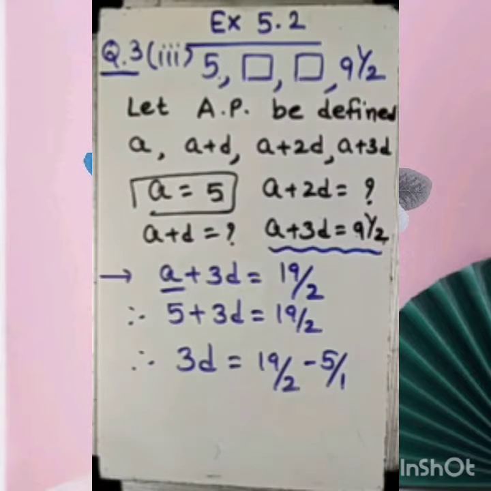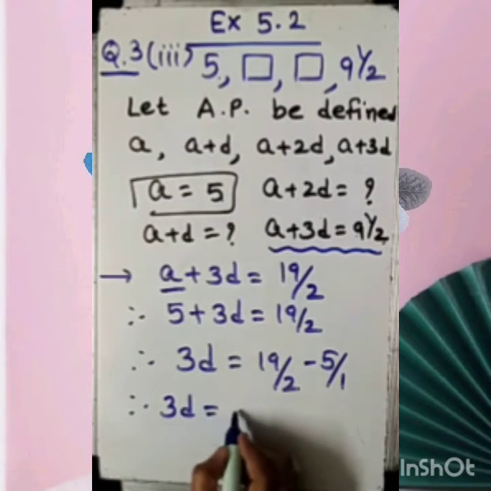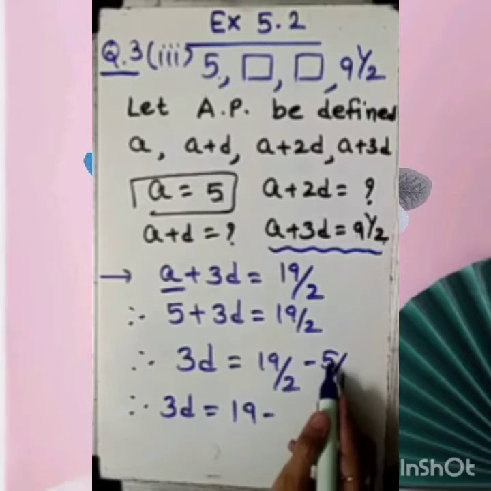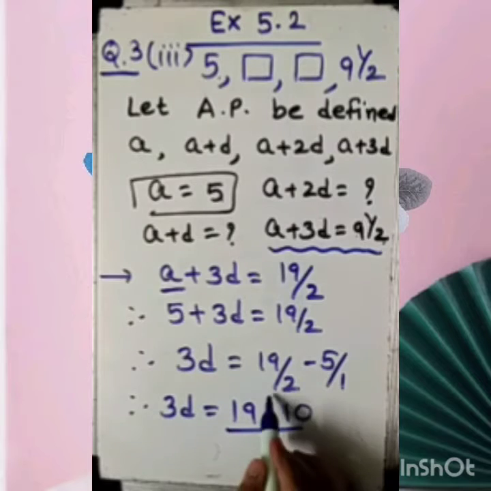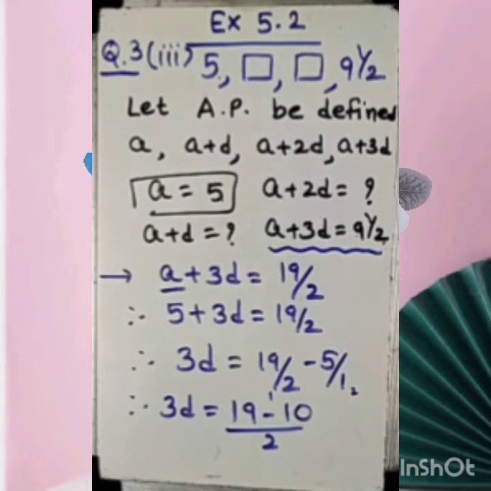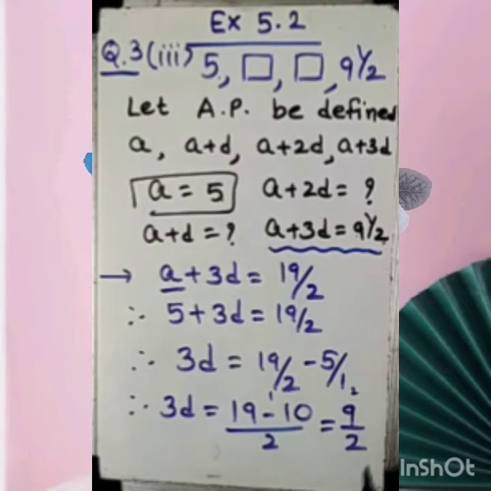Minus 5 by nothing means 1 is here. Therefore, 3D equals 19 minus 5 times 2 over an LCM of 2, so I need to multiply 1 here and 2 here. You know very well, 19 minus 10 is 9 by 2.